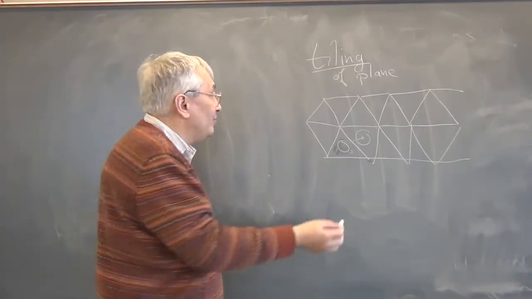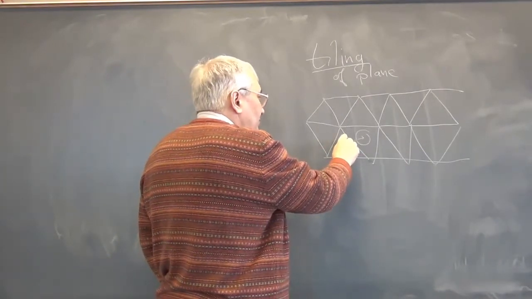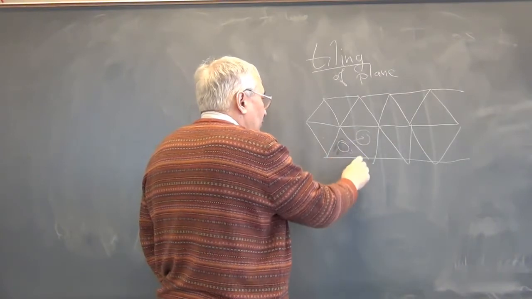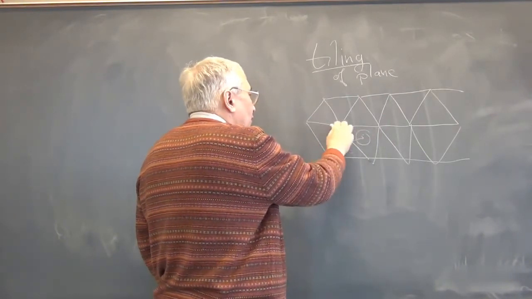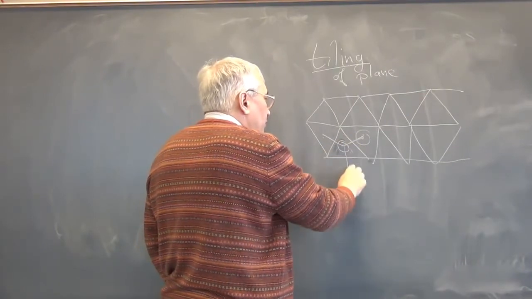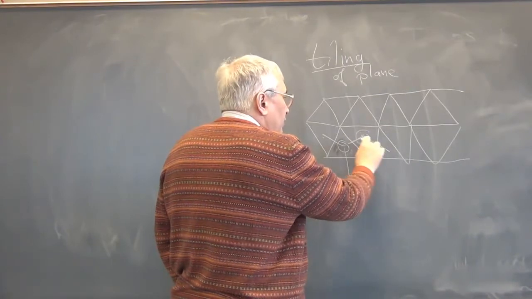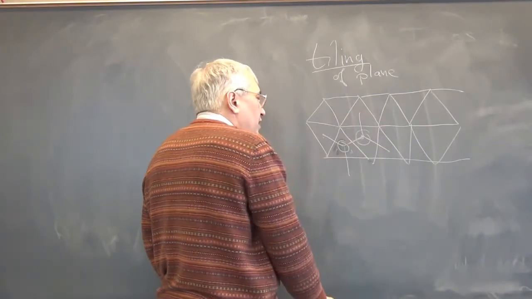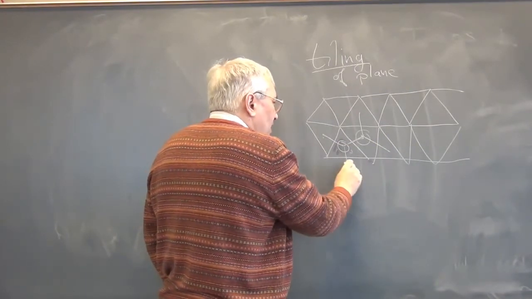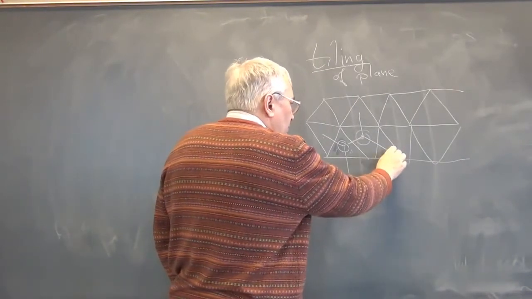Let me point out something. Each triangle has 3 neighbors. If you look hard, this triangle has 1, 2, 3 nearest neighbors. This triangle has 1, 2, 3 nearest neighbors. The triangle down here I didn't draw in has 1, 2, 3 nearest neighbors.